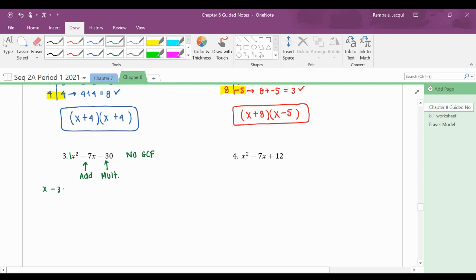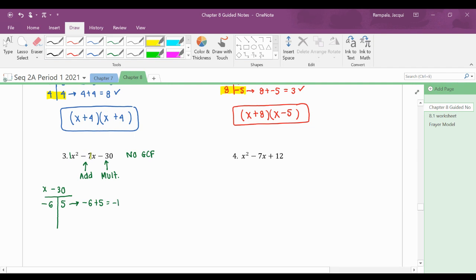So when I'm thinking about my chart, because it's a negative 30, I know that one number is positive and one number is negative. So if we start thinking about numbers that multiply to 30, well, negative 6 and positive 5, that multiplies to negative 30. If I try to add those two numbers, notice that that gives me negative 1.